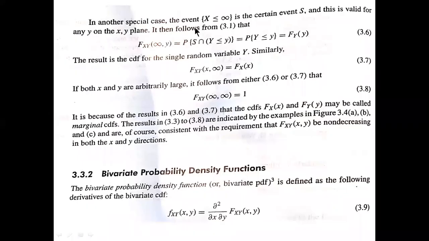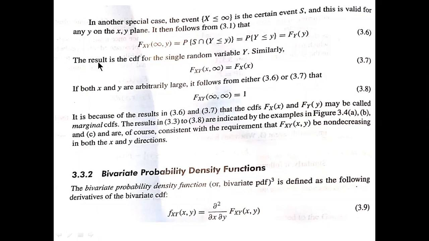In another special case, the event x less than or equal to infinity is a certain event S, and this is valid for any y on the xy plane. So if I write here infinity, then it will definitely be there, and we'll have S as infinity. So S intersection y less than or equal to y will be just y less than or equal to y.